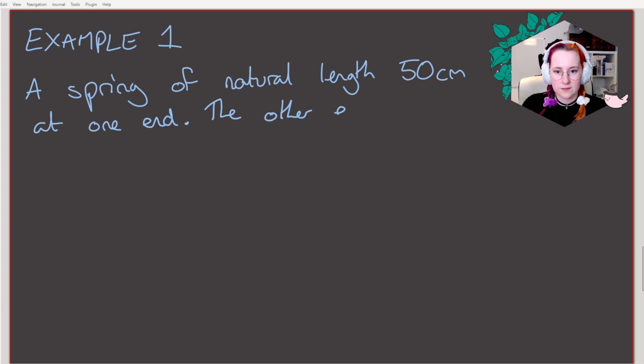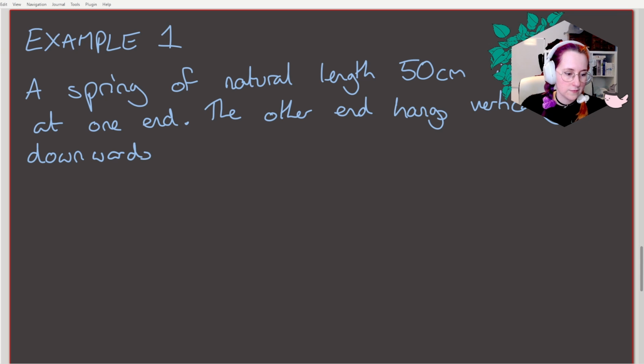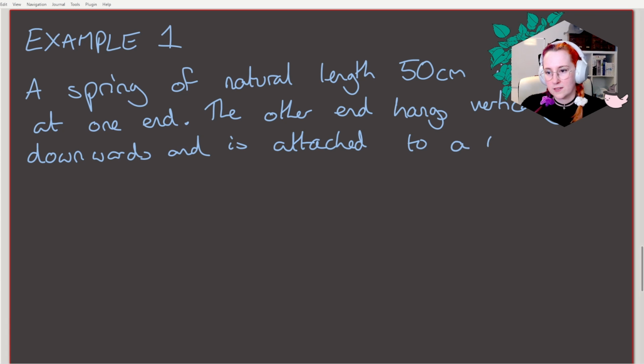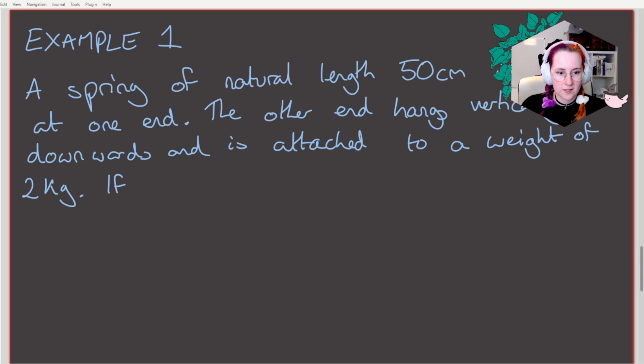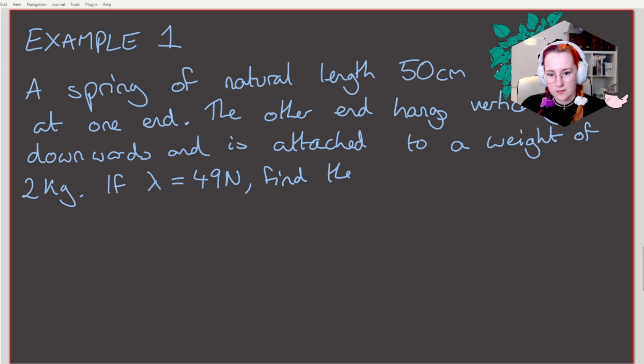The other end hangs vertically downwards and is attached to a weight of 2 kilograms. If lambda is 49 newtons, find the extension.